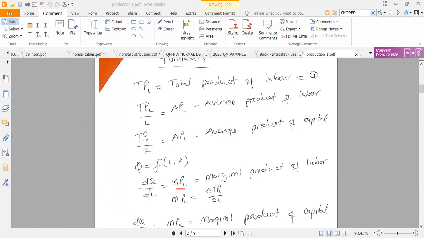When we divide the total product of labor by L, we call that the average product of labor. We also have what we call the marginal product of labor, which is simply the additional unit per increase in 1 unit.